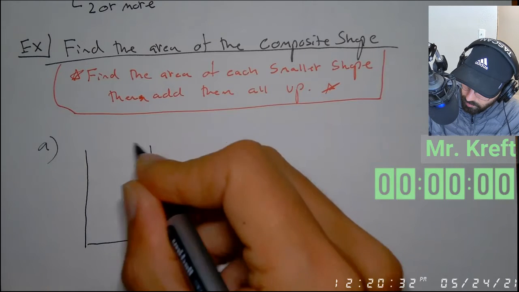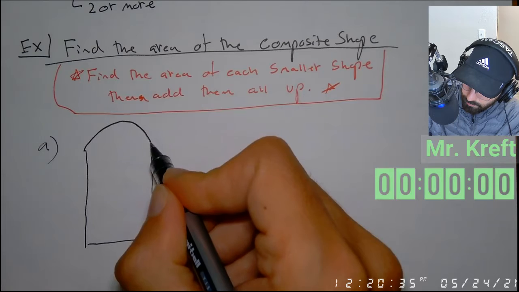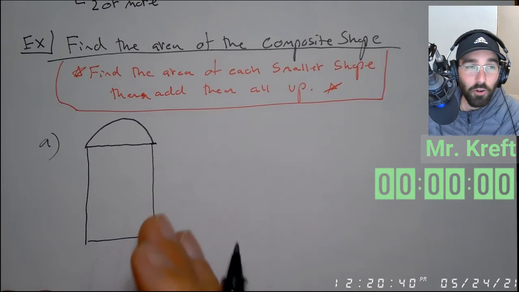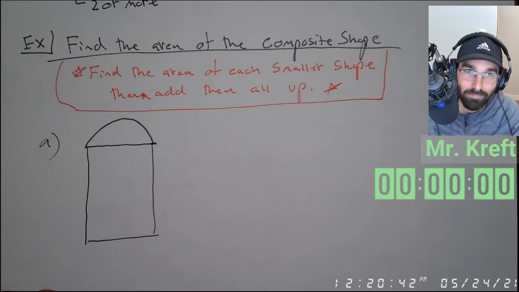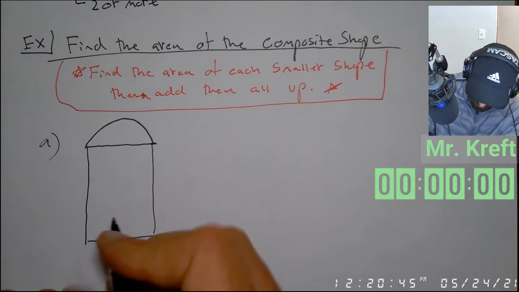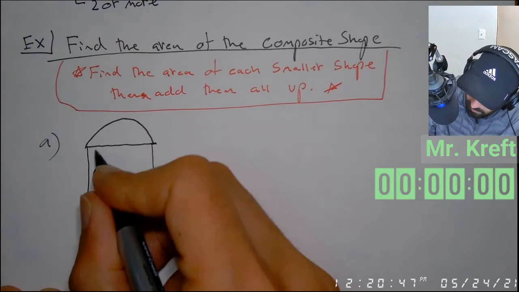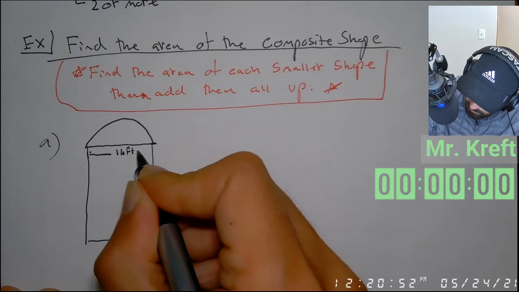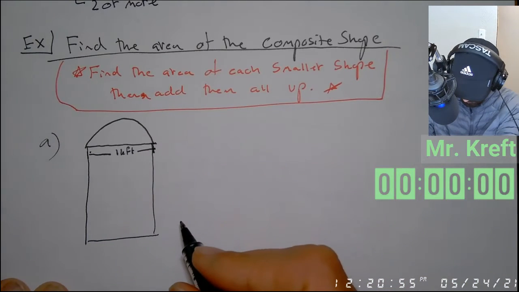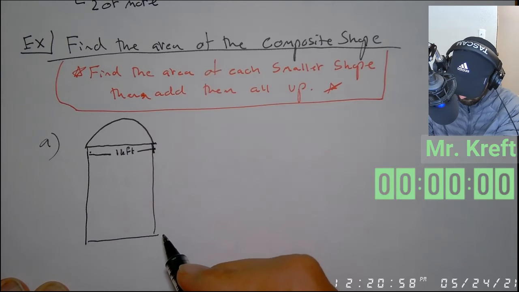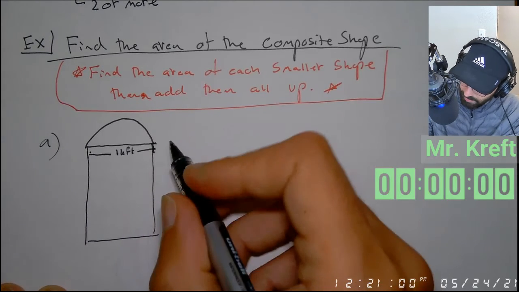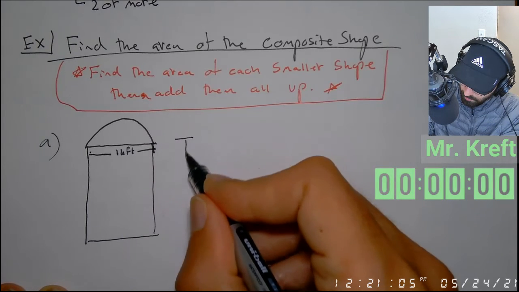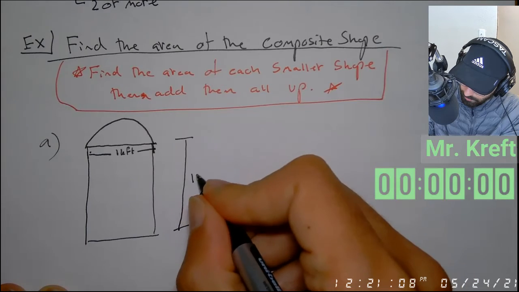A really popular problem here, and we're not going to do the hard mode of this, is a door with a window on the top. Or you can think of this as a bullet. Either way, I was trying to be non-violent there. Let's say this distance is 16 feet across, and this distance is 10 feet.